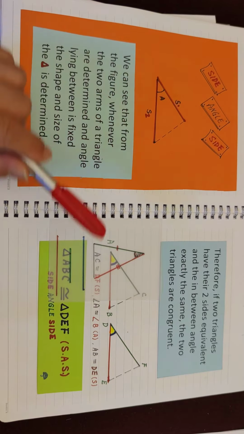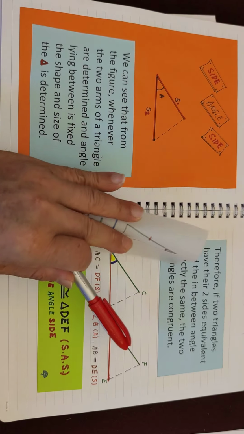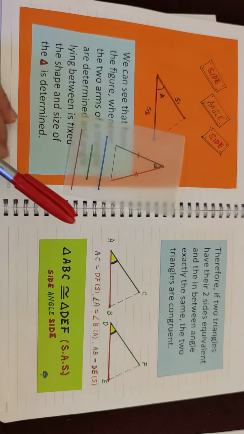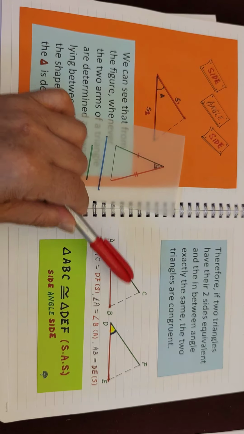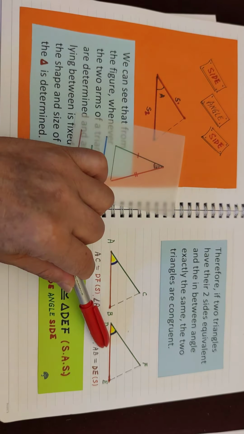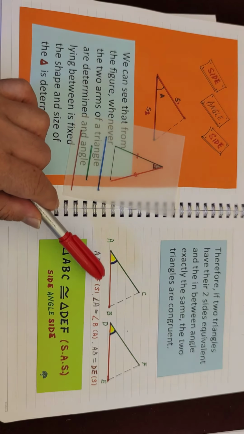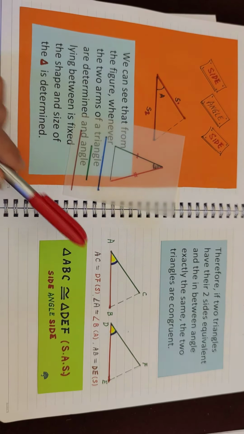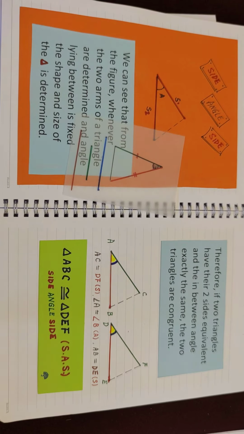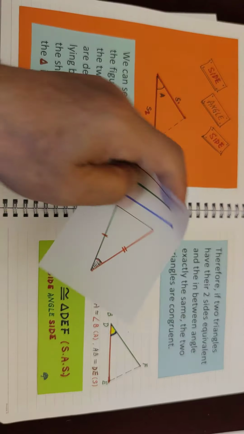Therefore, if two triangles have two corresponding sides equal and the in-between angle exactly the same, then the two triangles are said to be congruent.